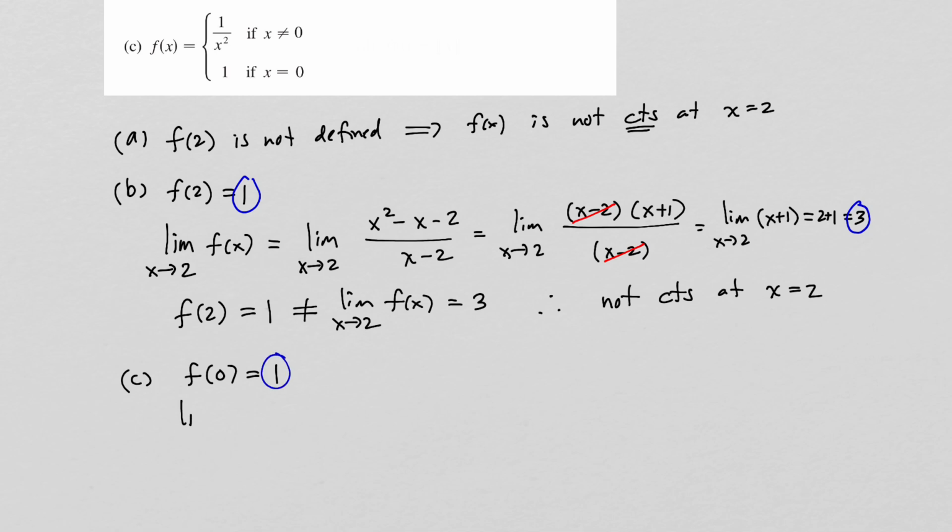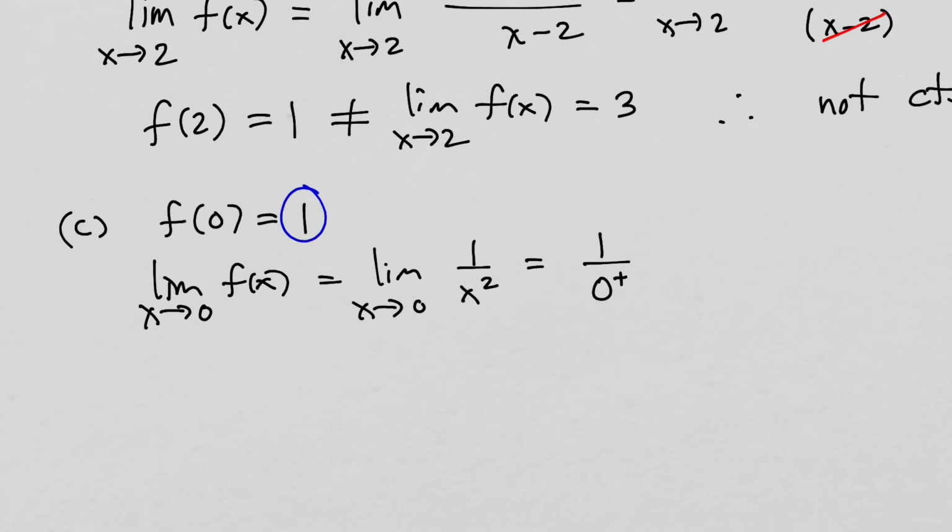However, if I take the limit as x approaches 0 of f of x, this will be the limit as x approaches 0 of 1 over x squared. And if you remember what happens here, when you plug in small numbers for x and you square them, you will still get small numbers, and they will always be small positive numbers.